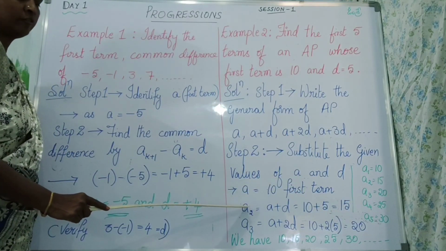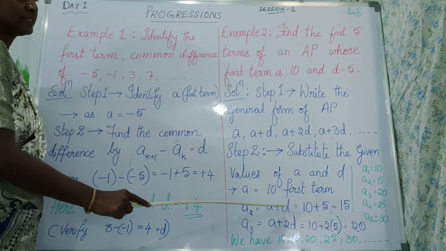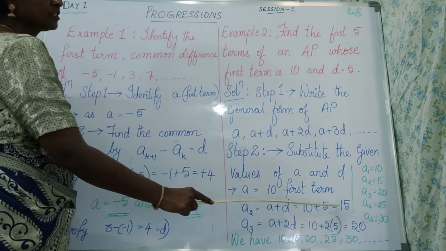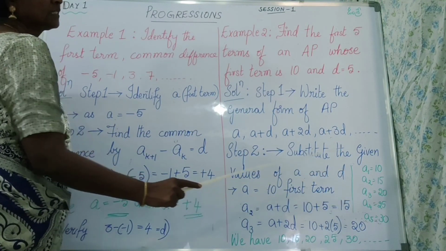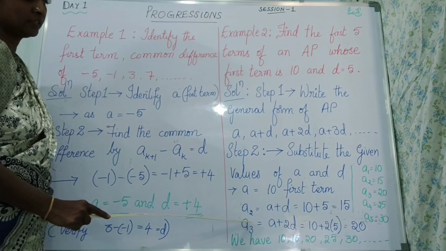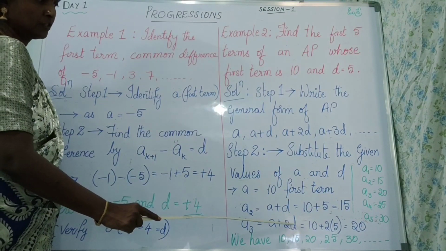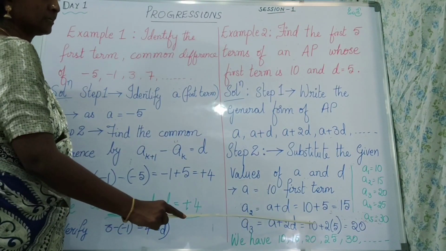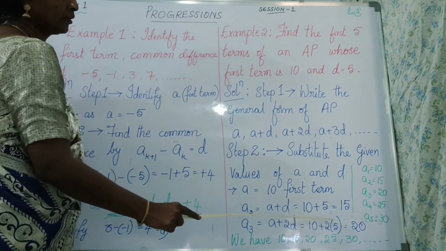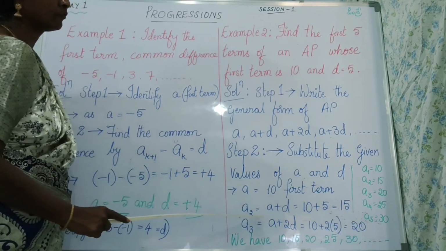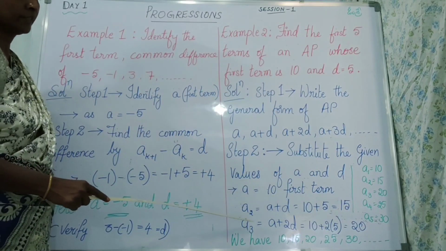Then a2. How do you find a2? a plus d, that is the first term plus the common difference, which is equal to 15. Similarly, a3 is equal to a plus 2d. When you substitute a as 10 and d as 5, you get 20, which is the third term of the given AP.